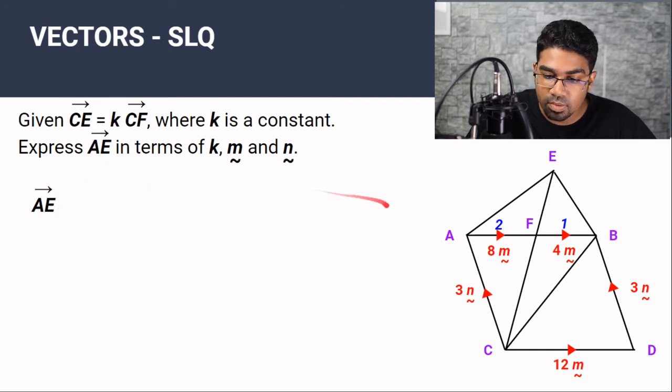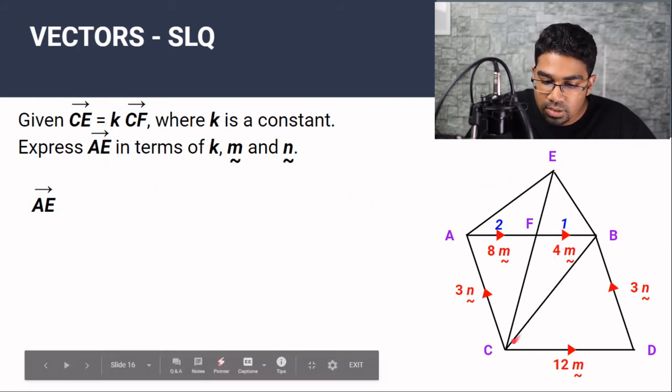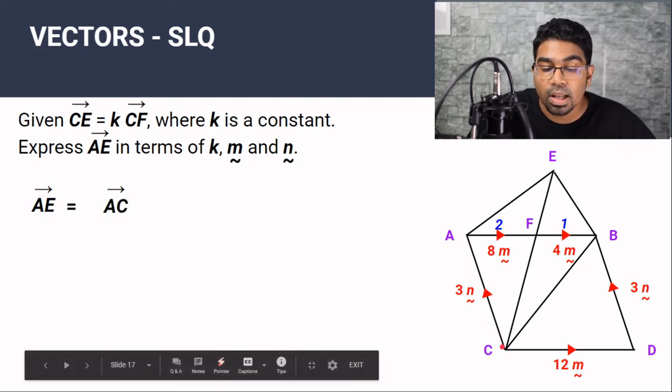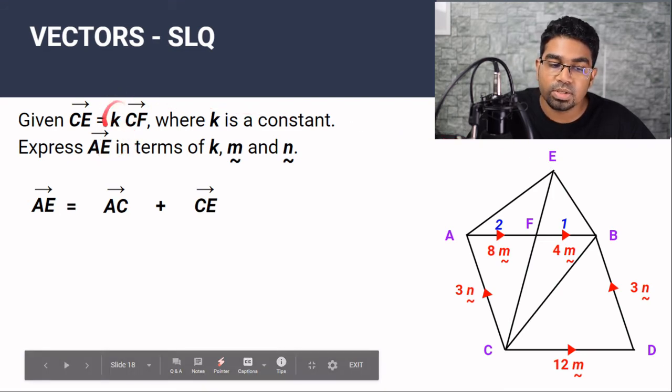So for AE, we begin at A and end at E, and we must include CE or CF. We start from A, we end at E, we have to go AC plus CE. This way we have included k into the equation as well.